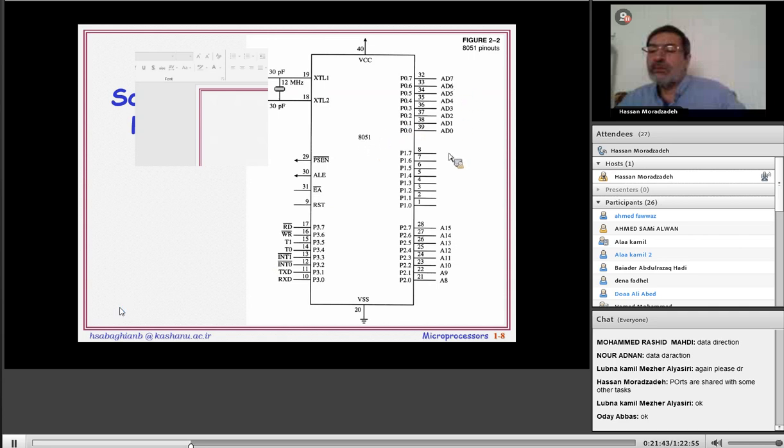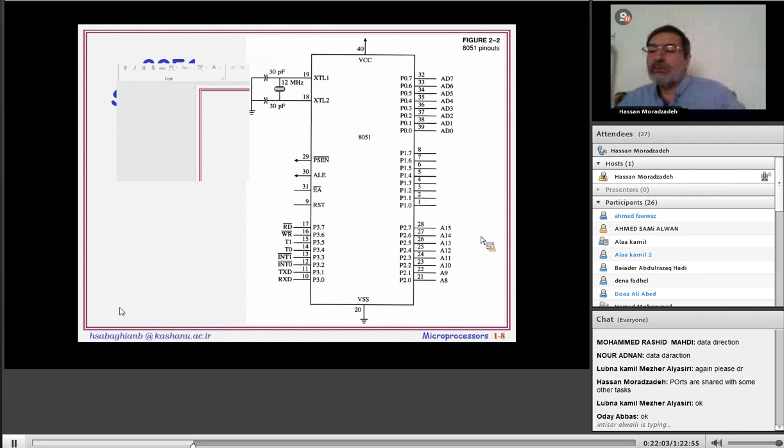And here's a crystal, okay? For example, a 12 megahertz crystal is installed here, and some capacitors as the data sheet recommended to us, okay? Here's VCC and ground. Go to the next slide.